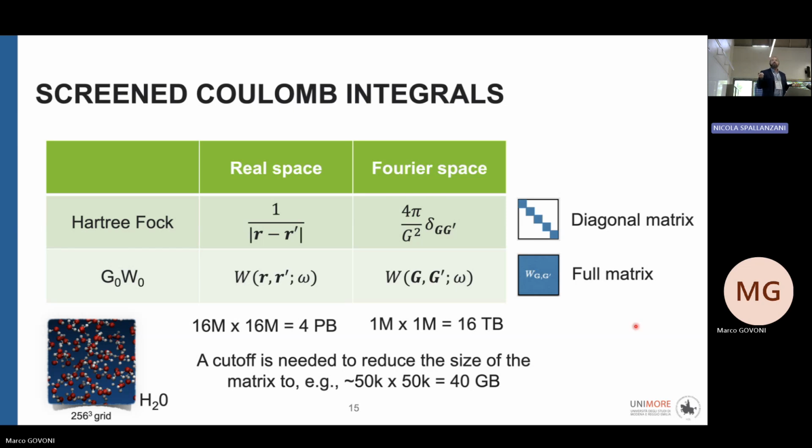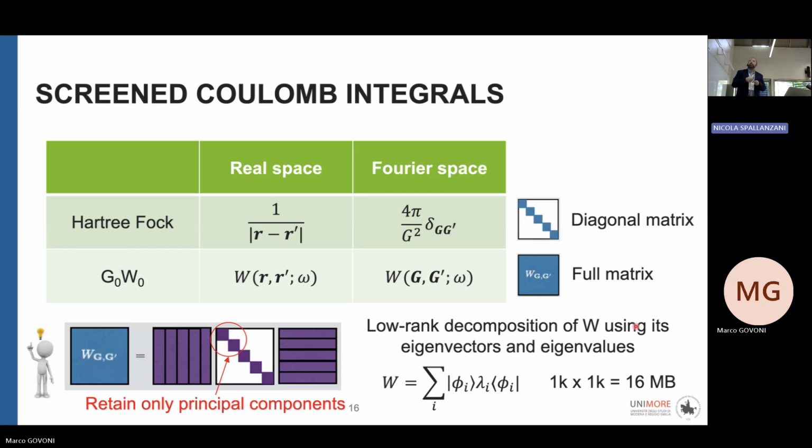And this reduces the size of the matrix to an arbitrary size. For example, 50,000 by 50,000 takes only 440 gigabytes of memory. So the talk that was supposed to be now will explain the cutoff, and you will hear it after my talk. But let's now think about it in a different way.